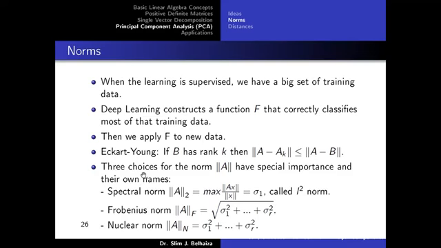So there are, in fact, three common choices. There are different ways to compute this number, and they may give you different values. So three choices are common. First of all, the spectral norm, which we call the L2 norm.